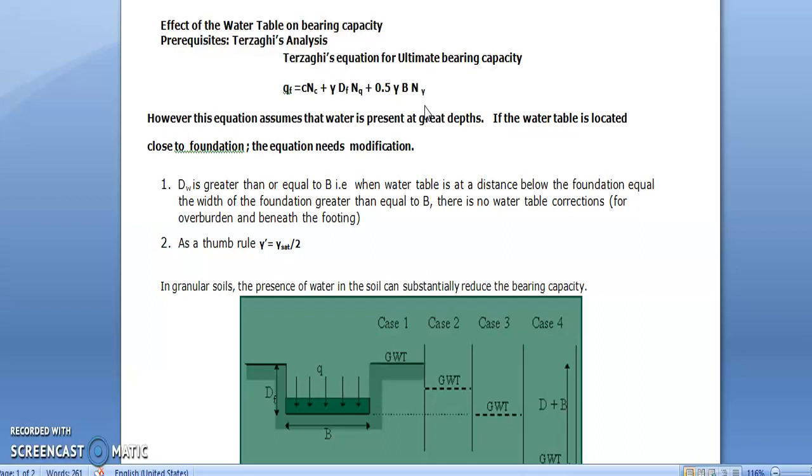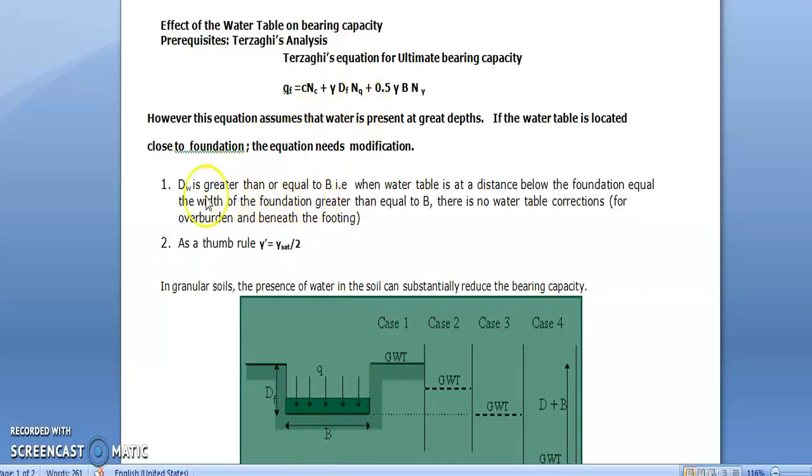This is the basic principle behind the entire change we are going to incorporate. If the water table is located very close to the foundation, then the equation will require modifications. However, if the water is present at very large depths, way below the foundation level, then we need not make any changes.